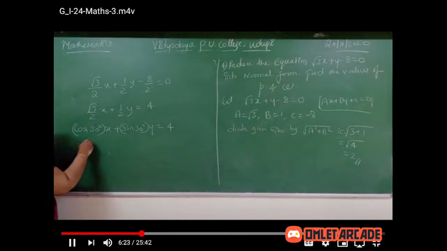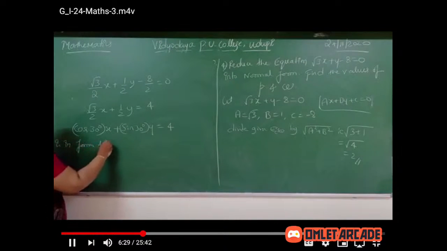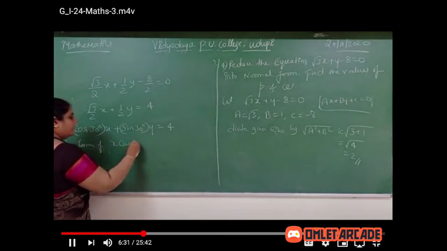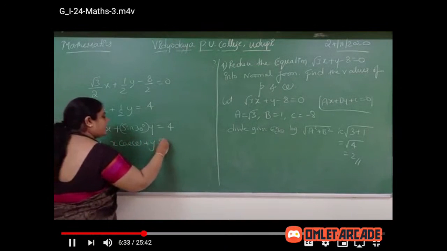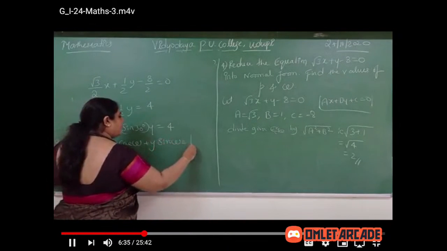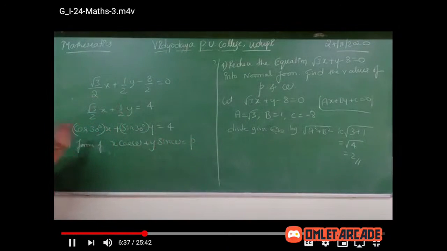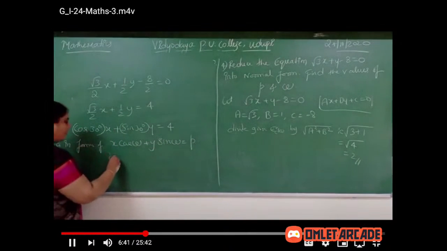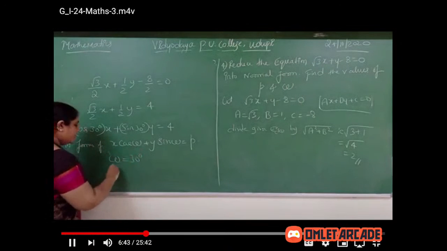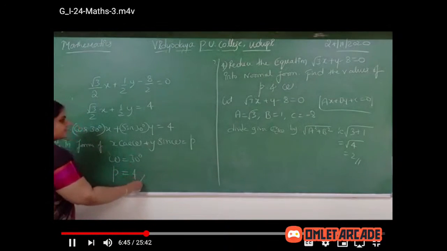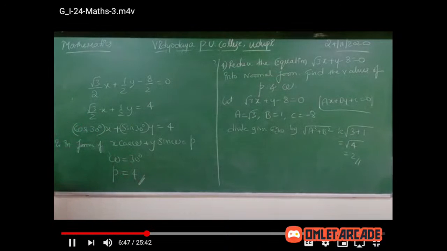Finally, is it in the form x cos omega plus y sin omega is equal to p, the normal form? So omega is 30 degrees and the p value is 4.